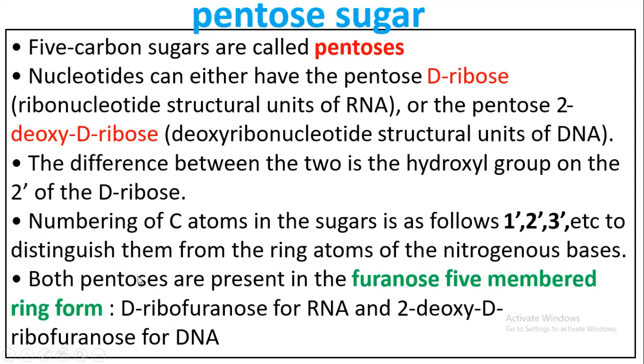One thing that I haven't explained is that both pentose sugars are present in the furanose 5-membered ring. That's why those multiple choice options are 5C. So a 5-membered ring is known as furanose. But you need to know how many carbons are in a furanose ring.